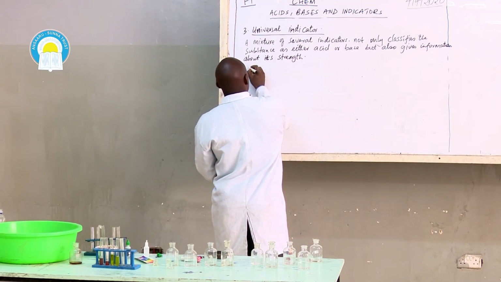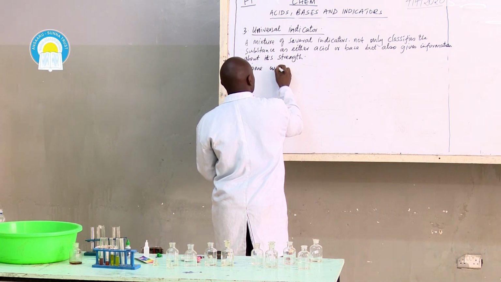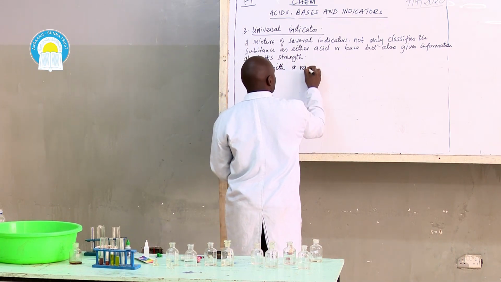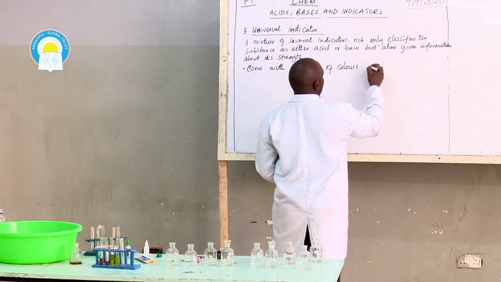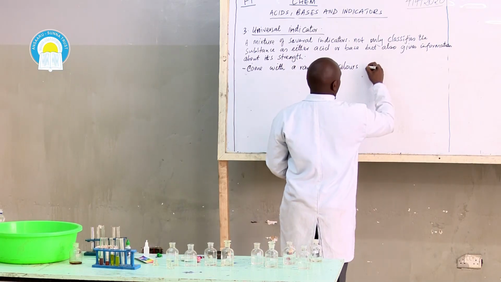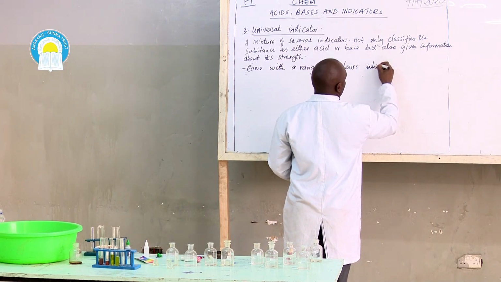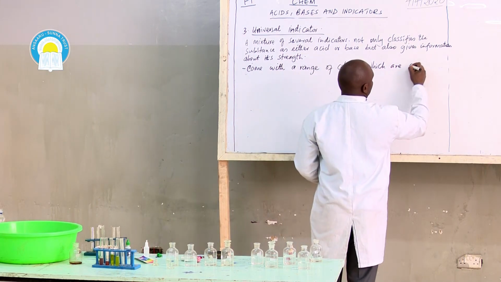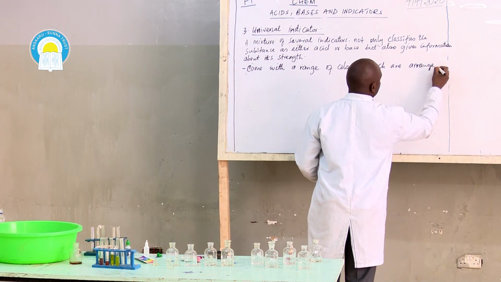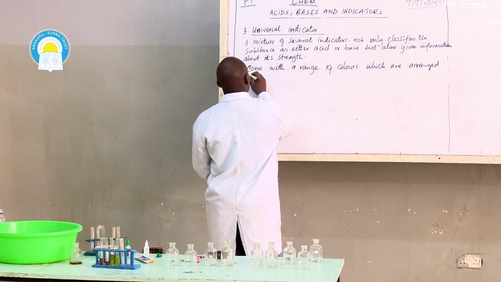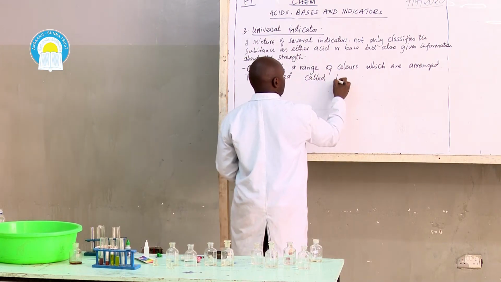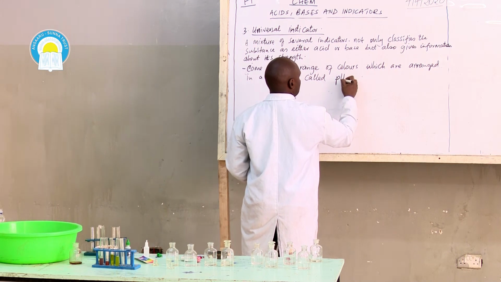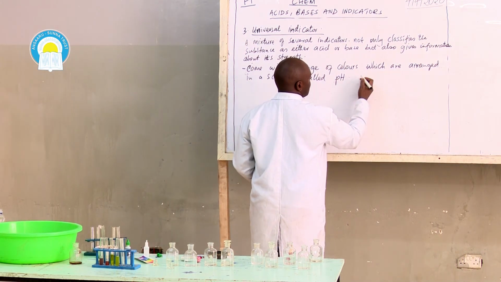The universal indicator does that because it comes with a range of colors, which are arranged in a scale called the pH scale.